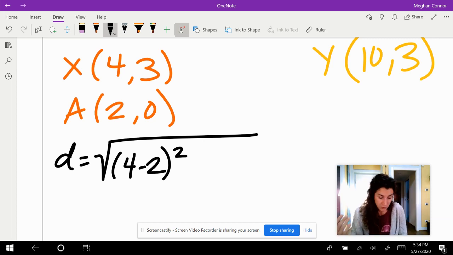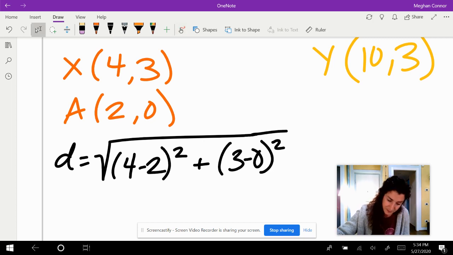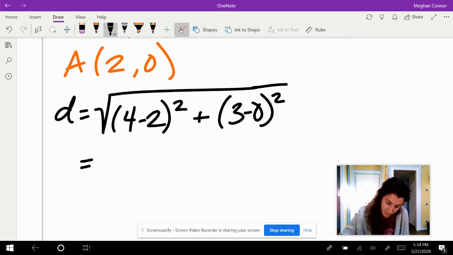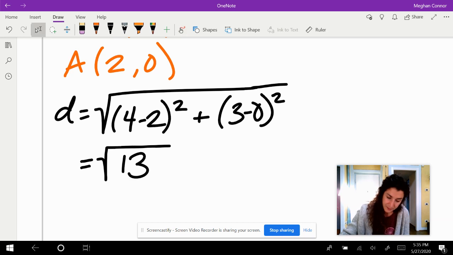Squaring either of those will result in the same number. And then we add 3 minus 0 squared. 4 minus 2 is 2, 4 plus 9 is the square root of 13.